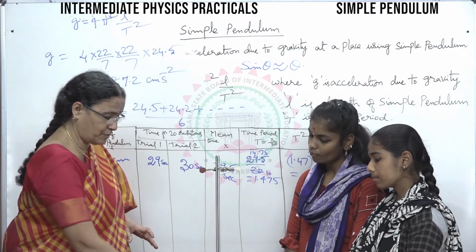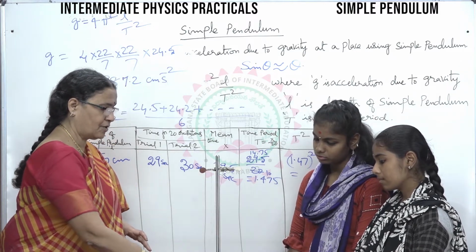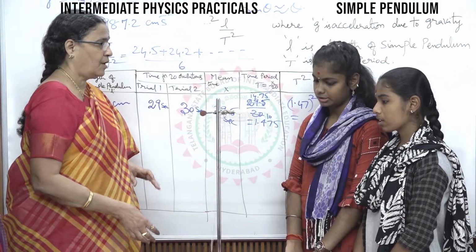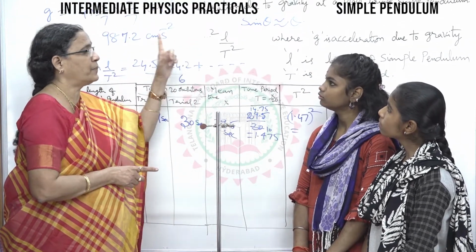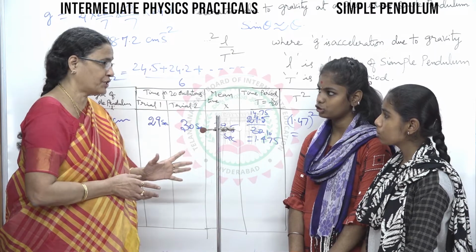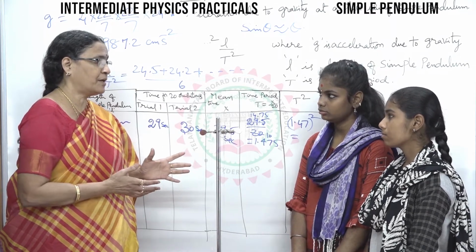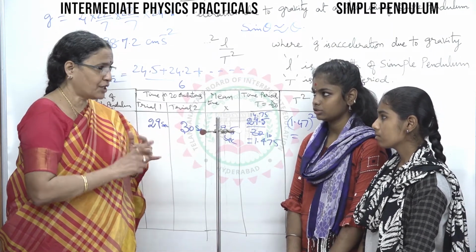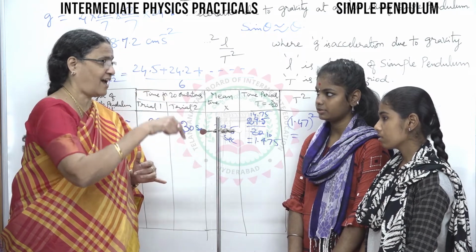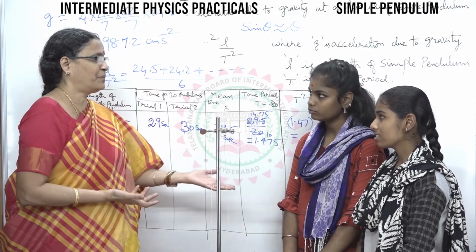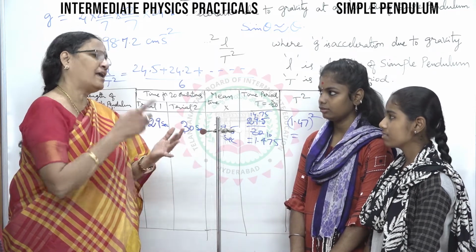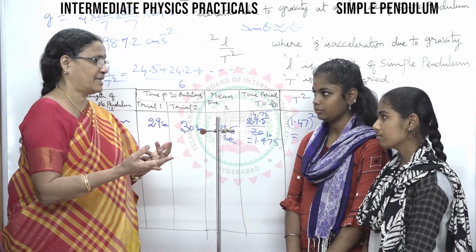And one more thing is it should not undergo a circulatory motion, because the principle is that a simple pendulum undergoes simple harmonic motion. What is the definition of simple harmonic motion? The motion of an object in a straight line, we said. If you take large amplitude, it won't be in a straight line. And of course acceleration is proportional to minus x.